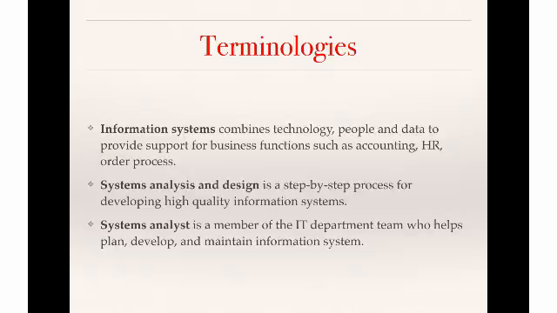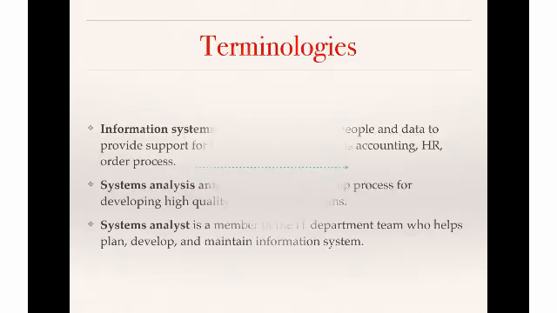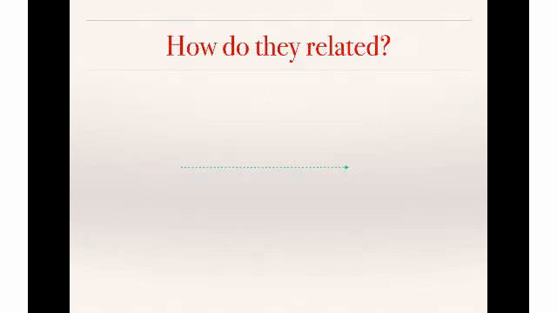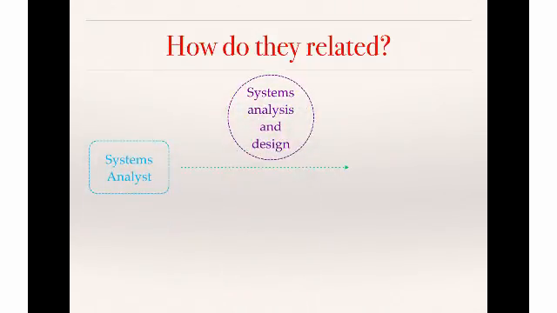And the systems analyst is a member of the IT department team who helps to plan, develop, and maintain the information system. So what does the systems analyst do? The systems analyst analyzes the requirements of the system and then hands it over to the designer to develop a proper information system for the users.